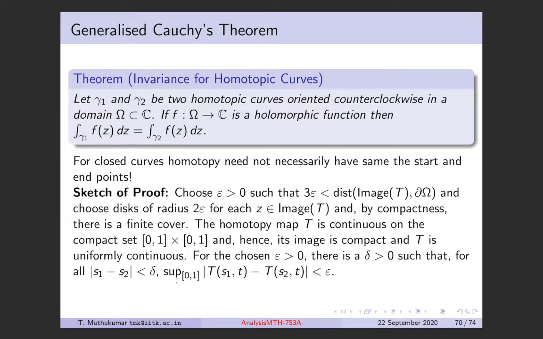So what we do here is that, I don't have a very good picture here, but what we are trying to say is that you have a finite number of disks which are covering gamma 1 and gamma 2. All these disks will intersect, right?